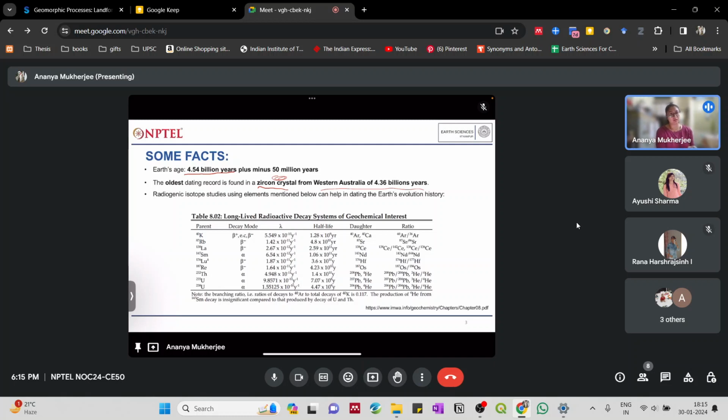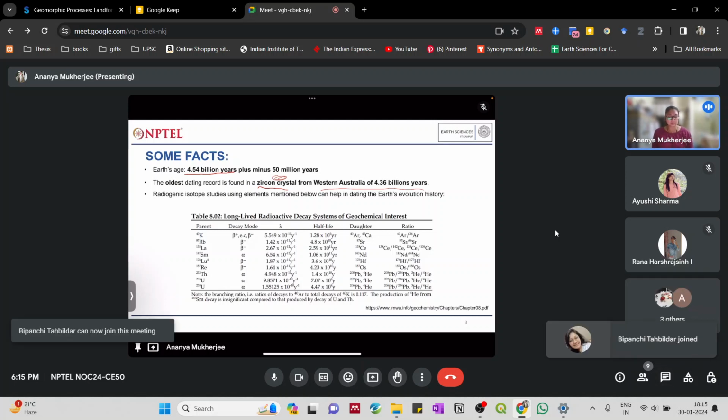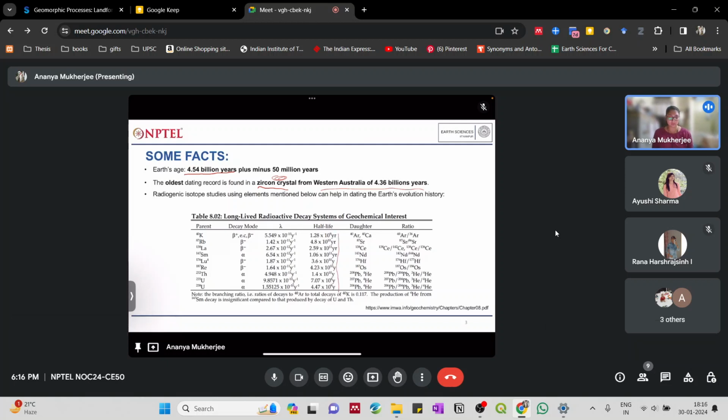For dating purposes, we need to use radiogenic isotope studies. They are the most reliable techniques that we are using till now. You can have potassium, rubidium, lanthanum, samarium. These are some of the isotopic elements that we use for this study. The half-lives of these are considered, and through those different half-lives we try to date them.